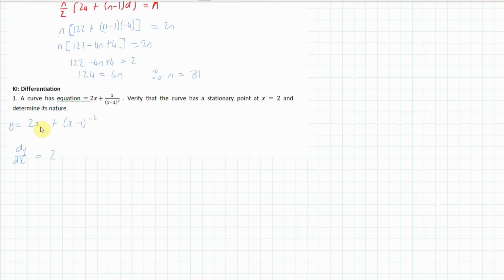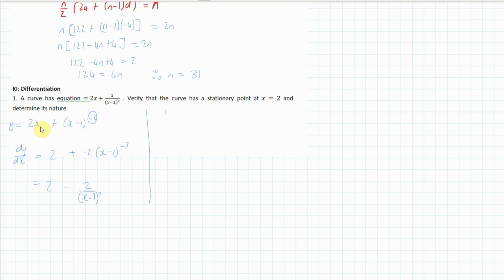I'll get 2 plus, and then I'll take this one, I'll times it by the coefficient of the x, which is 1, so negative 2, then I'm going to drop my power down by 1. So I think my dy dx is 2 minus 2 over x minus 1 all cubed. So let me just fix that up. Okay, there we go.